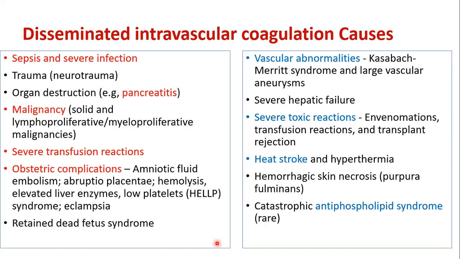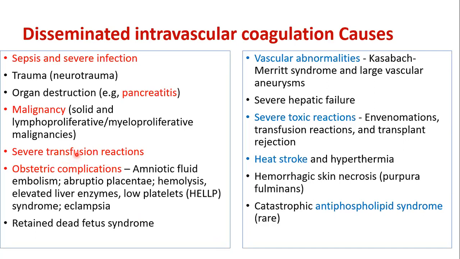A specific type: acute promyelocytic leukemia. Because they have a lot of eosinophilic granules that will be released into the circulation when the tumor is undergoing necrosis and cells are destroyed. Release of these granules activates the coagulation cascade, leading to DIC.